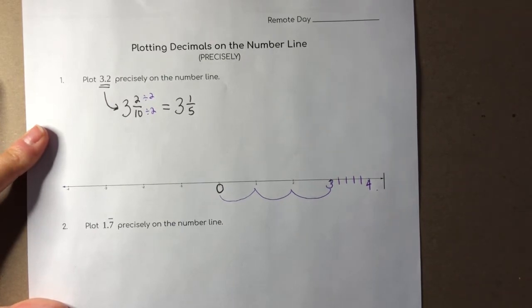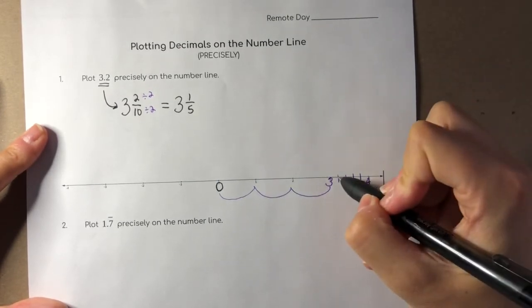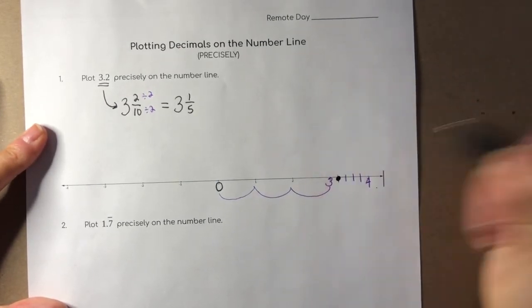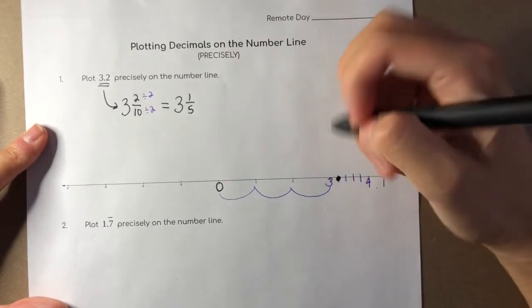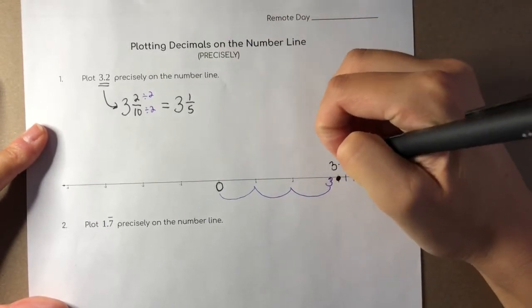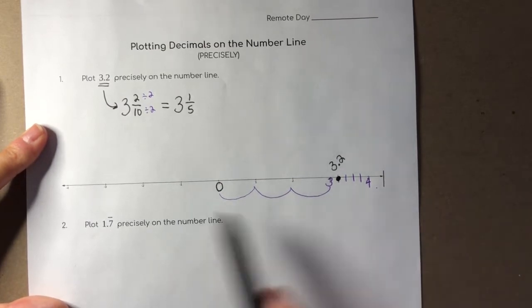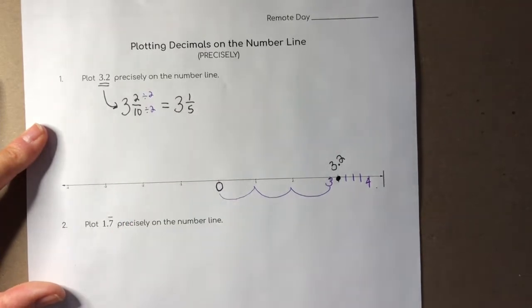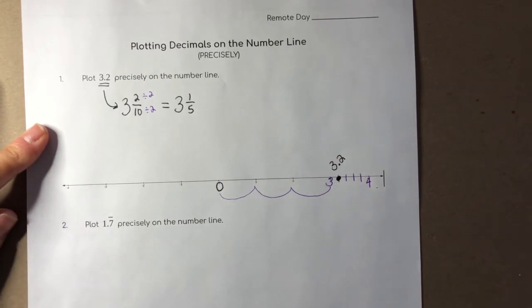And to plot my number, I'll go 1, 2, 3, and then one of these little fifths over. When I label this number on the number line, I'll use what they gave me, 3.2, to show that's exactly where it goes. You could also plot this as 3 2/10, but then I would have had to show 10 equal spaces on the number line, which is more work.